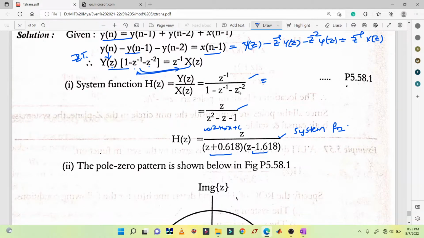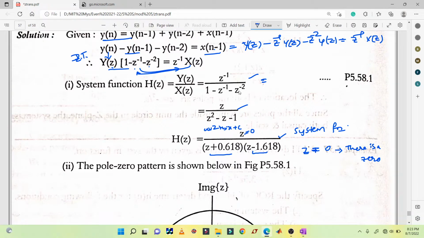Now, pole zero plot is what? How to find out poles and zeros? If you substitute the numerator as 0, then it gives a zero. So there is a zero at z is equal to 0. If we substitute z is equal to 0, H of z is equal to 0, correct?